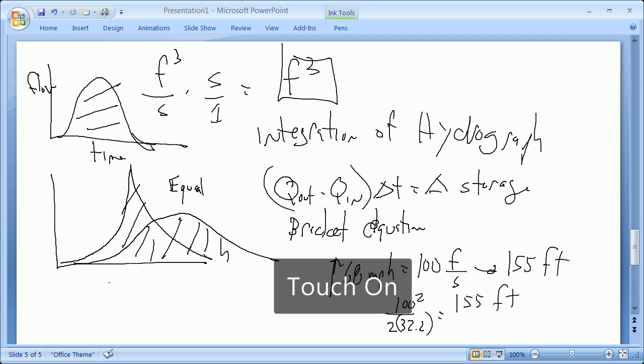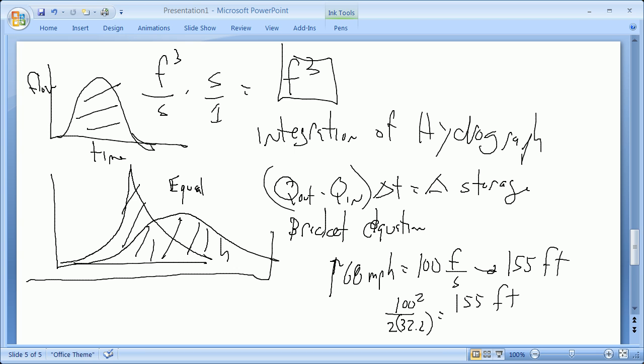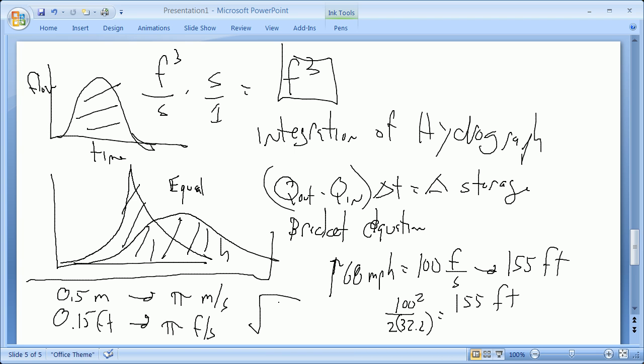Also know the square root of 2gh, or in fact know that for a metric, a drop of 0.5 meters leads to pi meters per second, and for feet, 0.15 feet leads to pi feet per second, and this is a square root relationship.